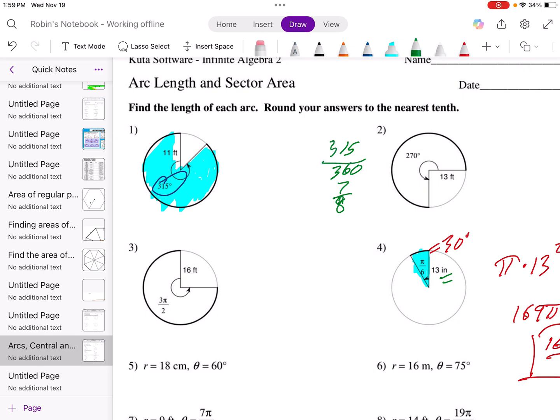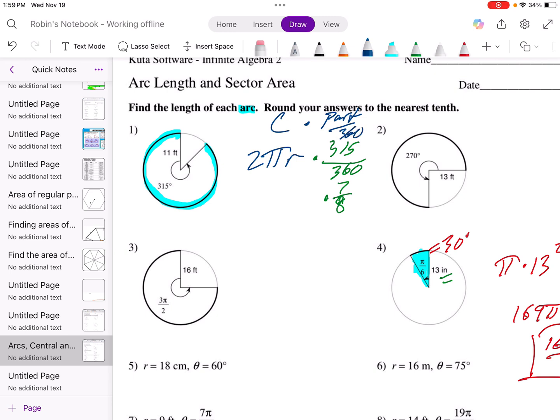Only difference is I'm looking for arc lengths. I sincerely apologize. Arcs is the part of the circumference, which means I'm starting with my 2 pi r, which is my circumference formula, times that part over 360.